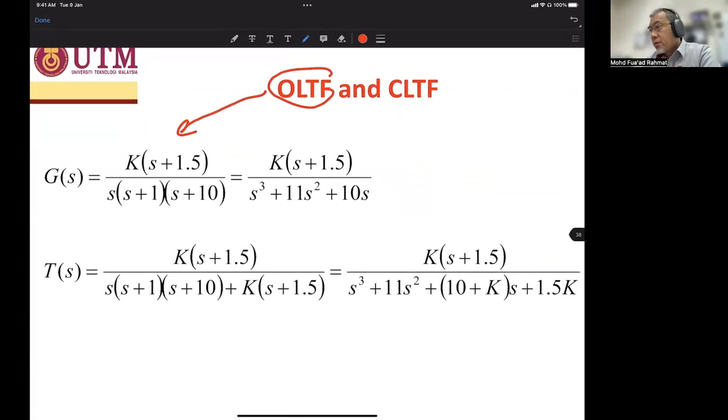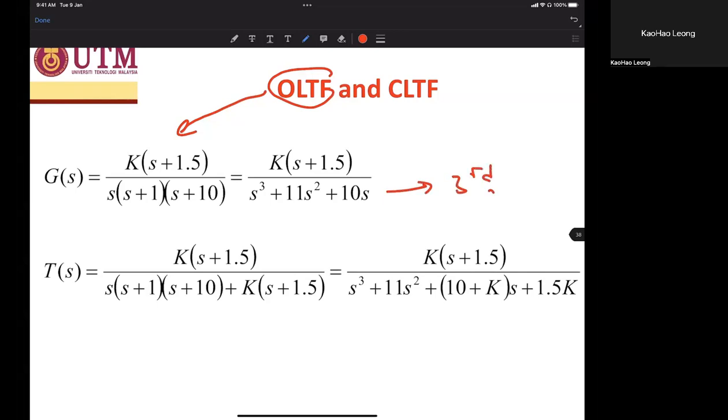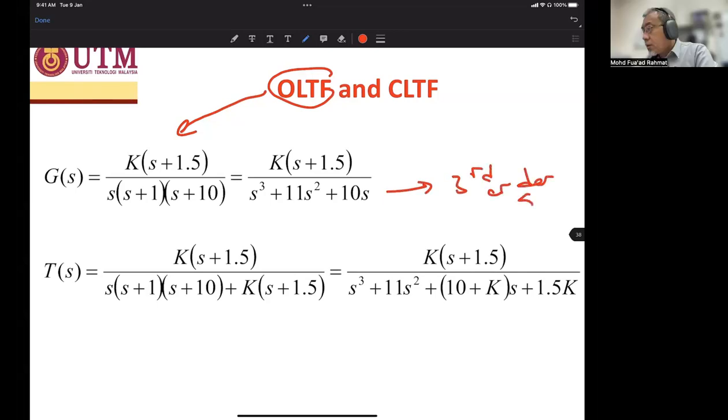If we multiply it out, it is a third order system. The order is 3, and the type is 1, system type 1, because the open loop transfer function has a power of S to the 1, which is an open loop pole at the origin.